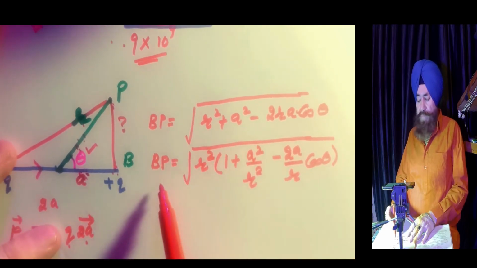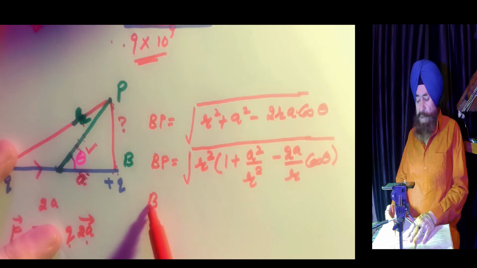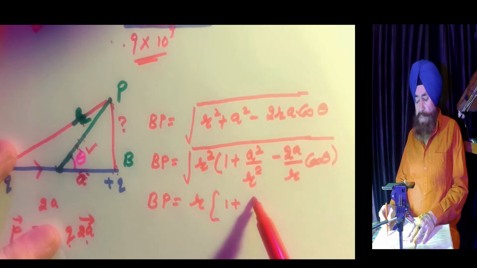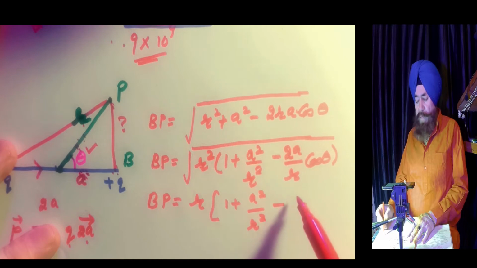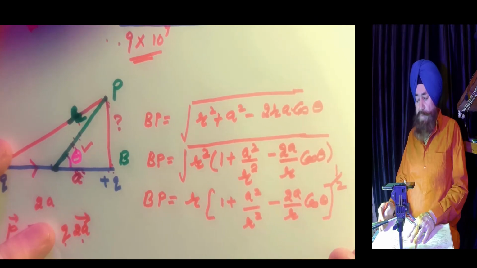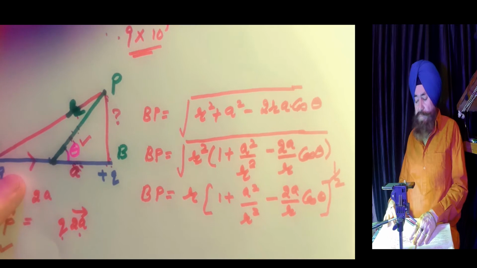And BP becomes R times 1 plus a square upon R square minus 2a upon R cos theta, to the power 1 by 2, because of the square root.